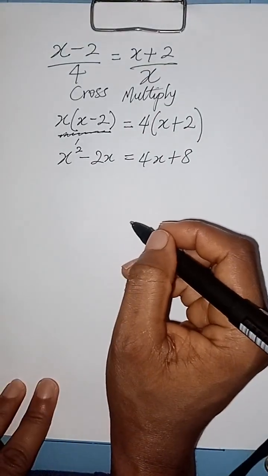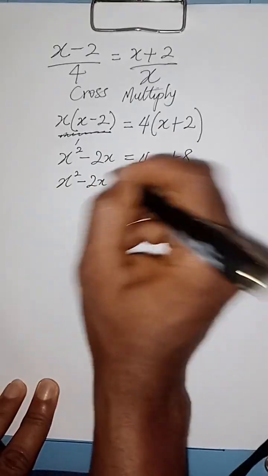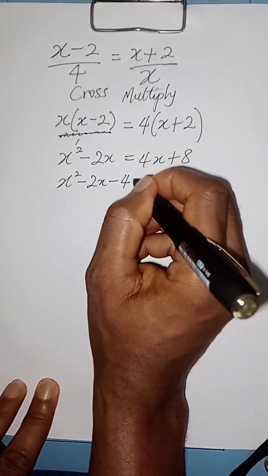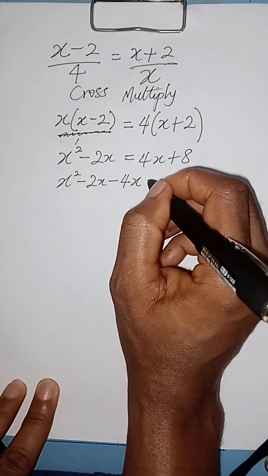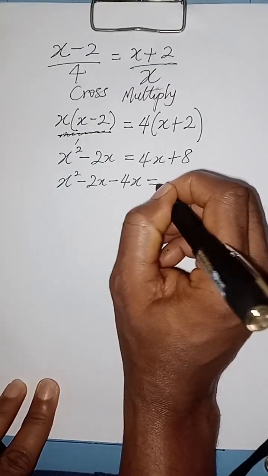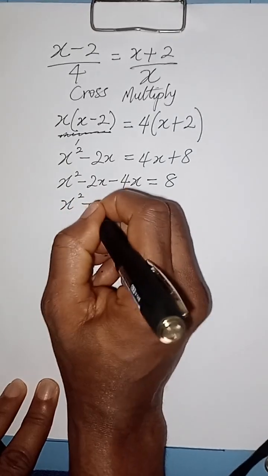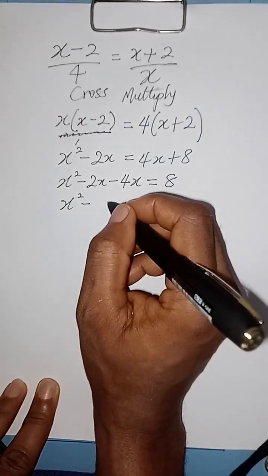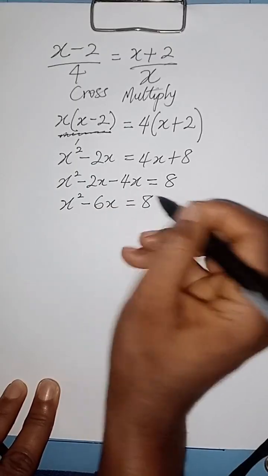So let's rearrange our equation. x squared minus 2x, and this will become minus 4x when it crosses the equal to sign, and equal to 8. x squared minus, this will give you 6x equal to 8.